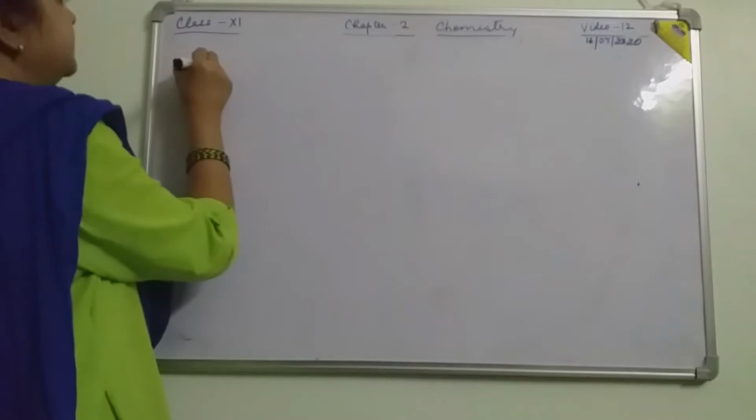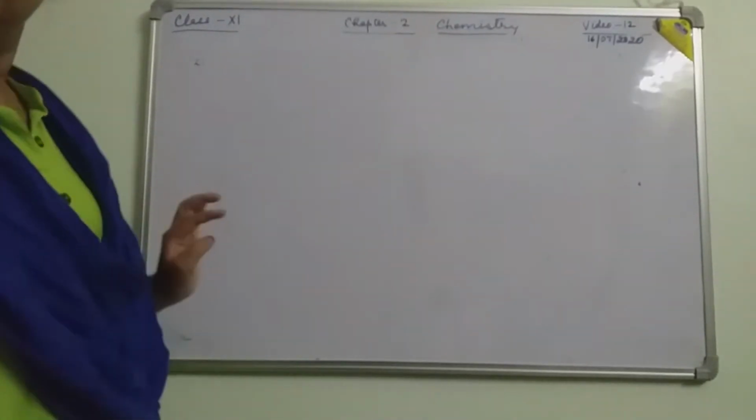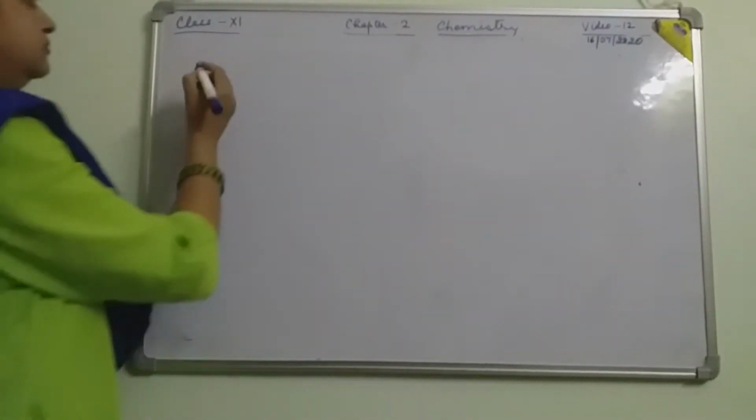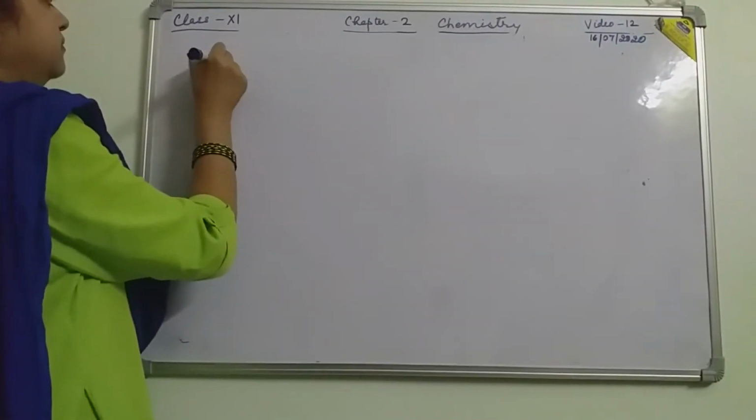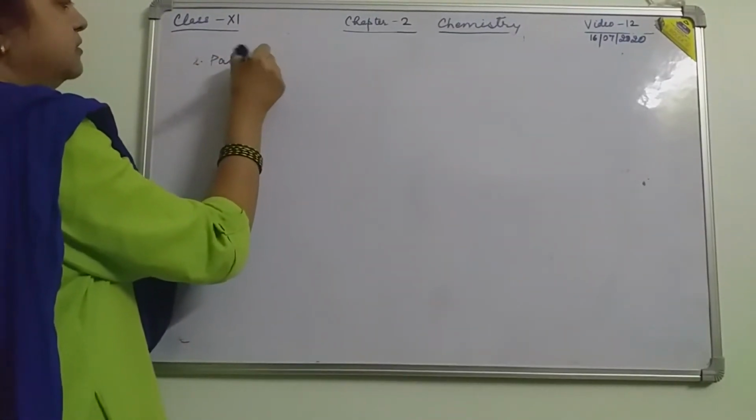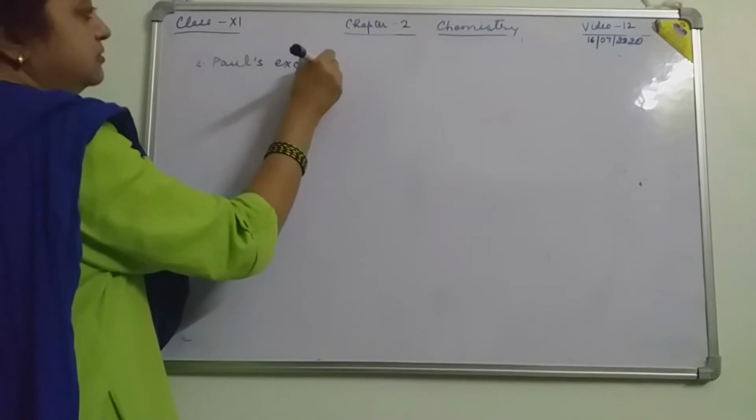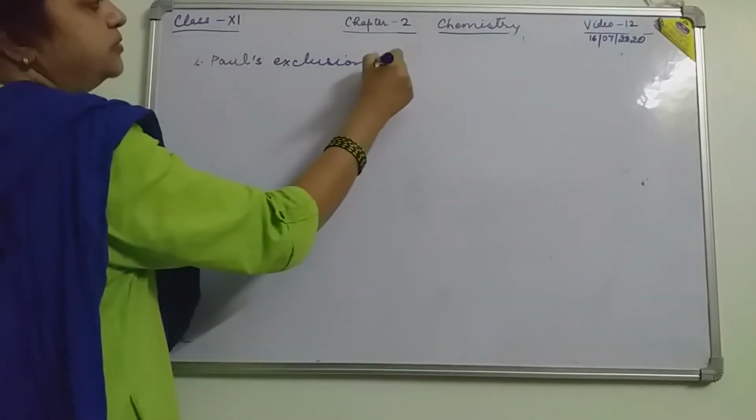The second one is Pauli's exclusion principle.